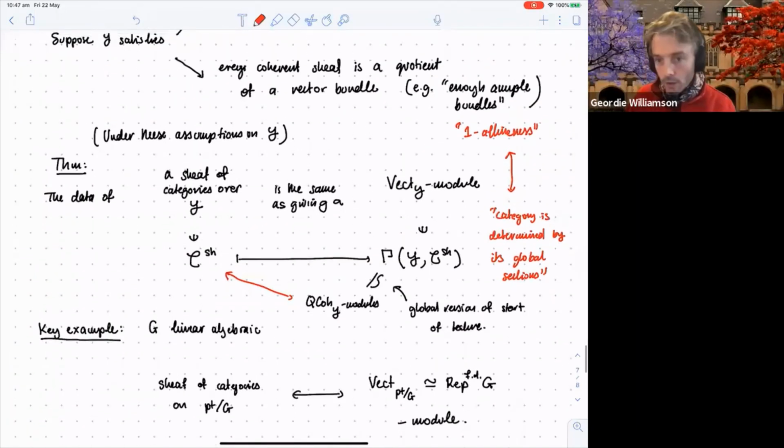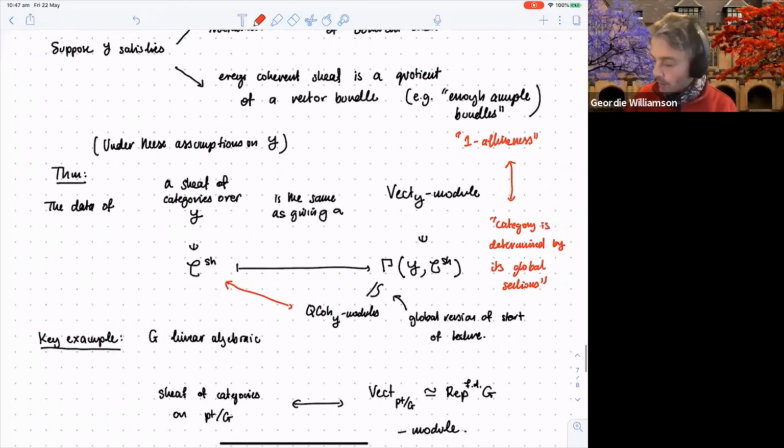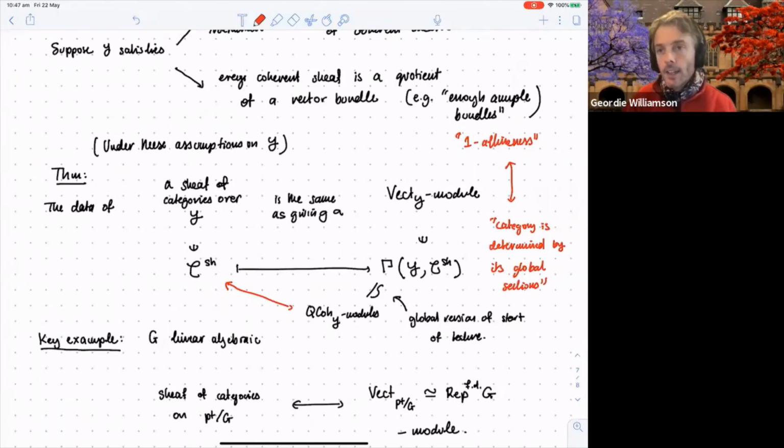So, for example, on a projective variety, given any coherent sheaf, if you tensor it with O(m) for m big enough, then it's generated by global sections, which tells you that it's a quotient of a number of copies of the trivial bundle.